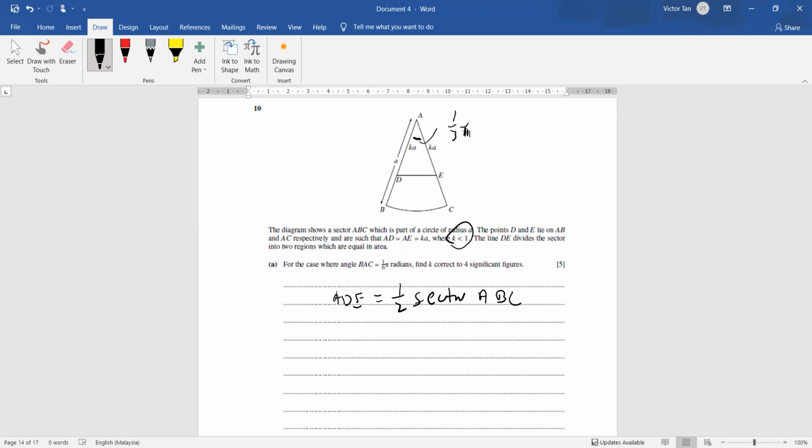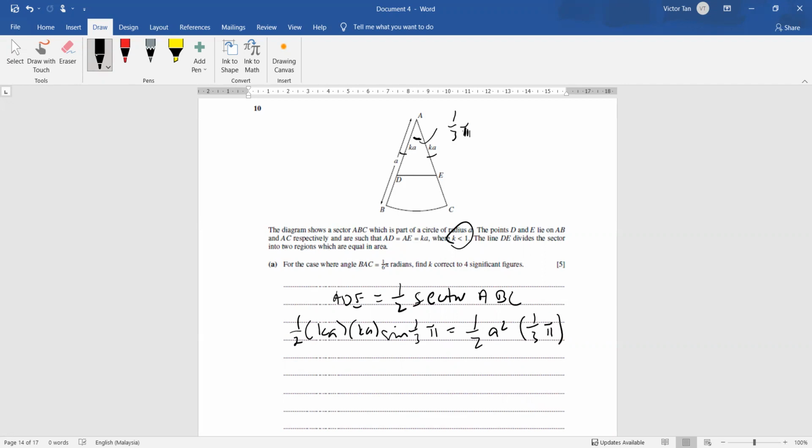So using the formula for triangle, half ab sine C, it is half K, which is these two sides, times sine of the angle, which is 1/3 pi, equals half r square, which is A square, theta.